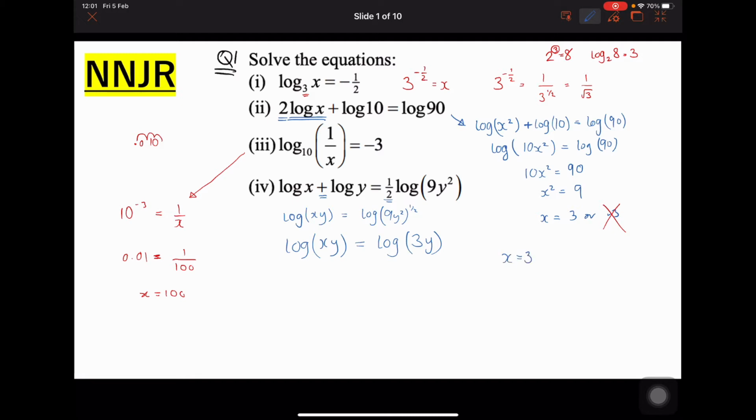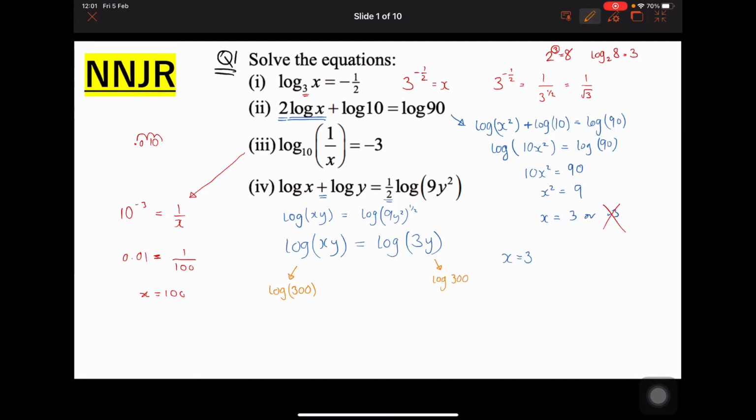And you might be thinking, okay, how are we supposed to work out the y? But think about it like this. If you substituted y equals 100 into this equation, you would get log x multiplied by 100, and so 3 multiplied by 100, so log 300. Here we have log 3 multiplied by 100.